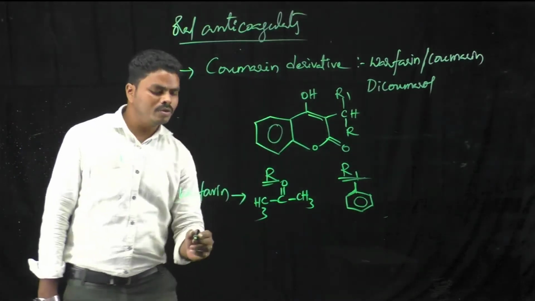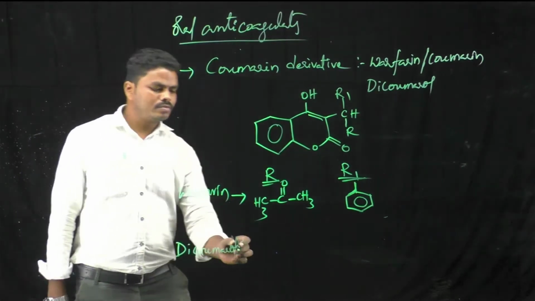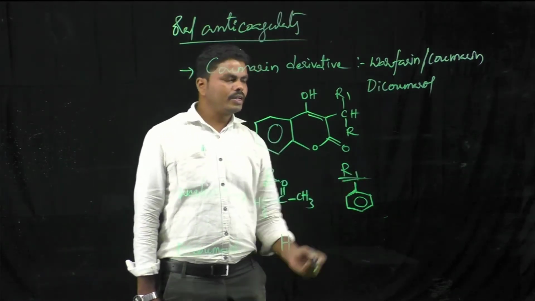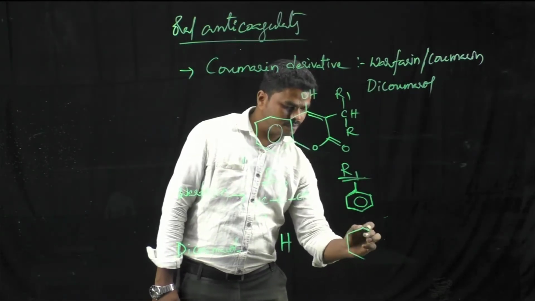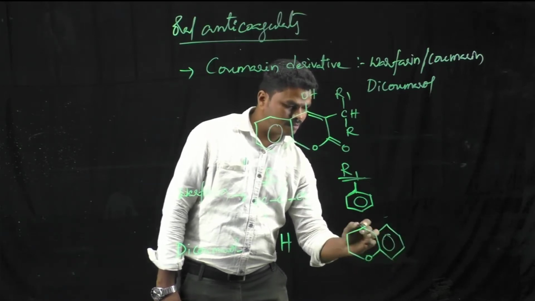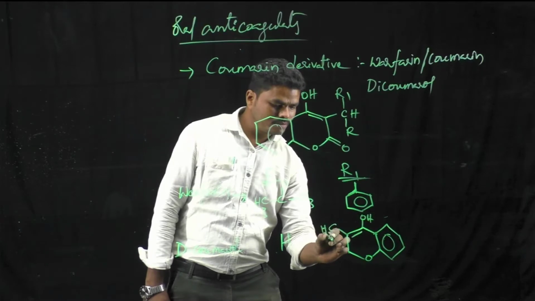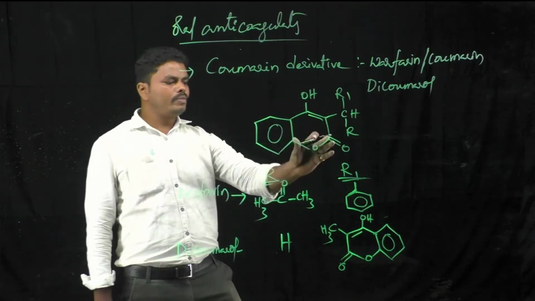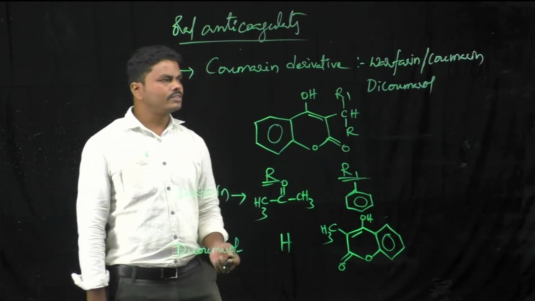In case of dicumarol, at the R place it has hydrogen, and at the R1 place it again has a coumarin moiety. So there is attachment of two coumarin moieties, that's why it is called dicumarol. So that is about the chemical structures of coumarin derivatives.